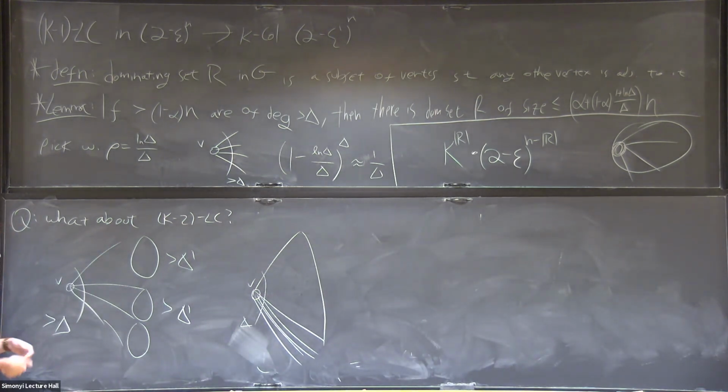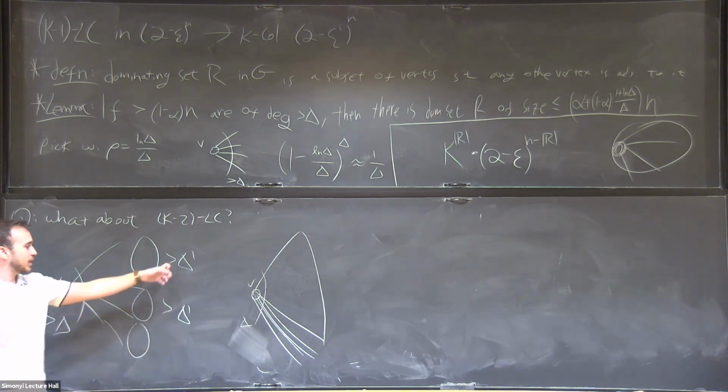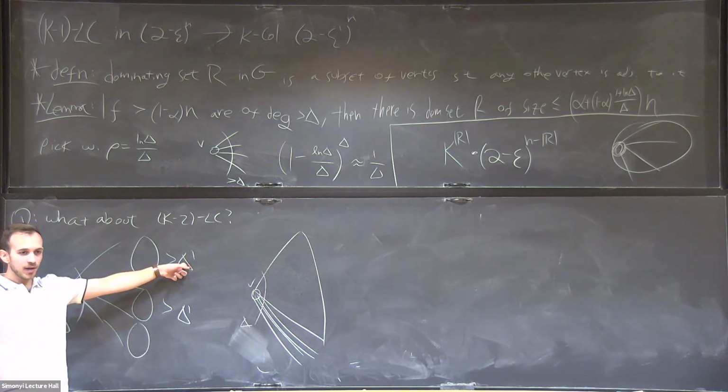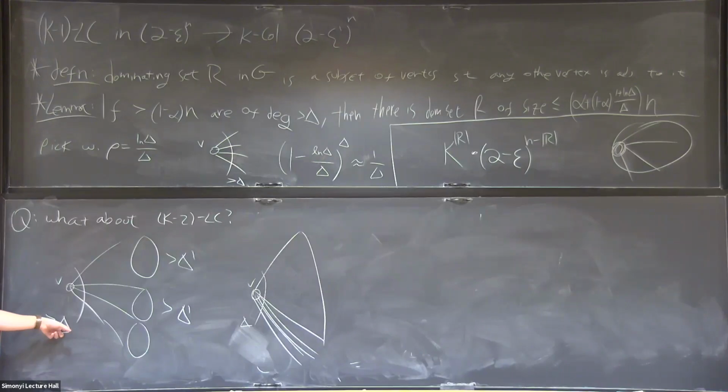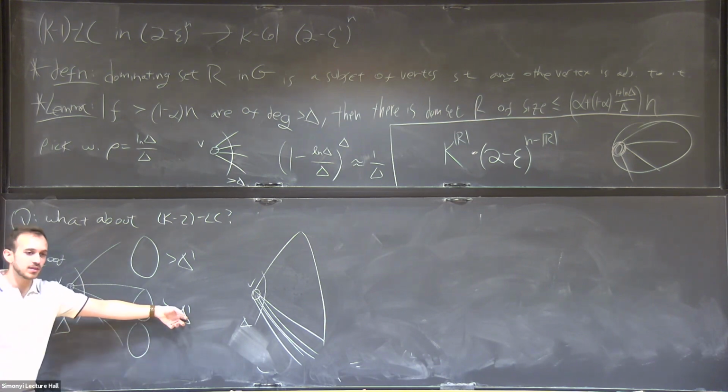So first of all, let's stick with these 2 definitions. Now I have some large constant delta prime, and I have a much larger constant, but still a constant, delta. And what I'm going to do is to call a vertex good if in some specific k-coloring I have in mind, this vertex has 2 large color classes, in the sense that it has two neighbor color classes of size at least delta prime.